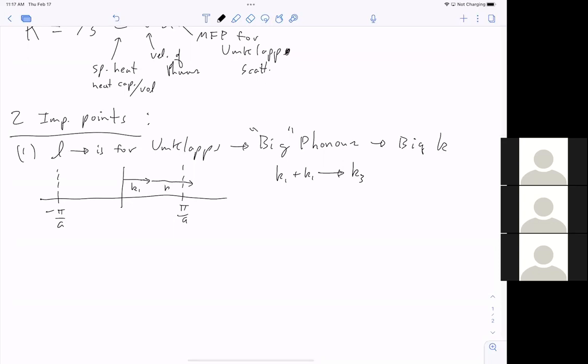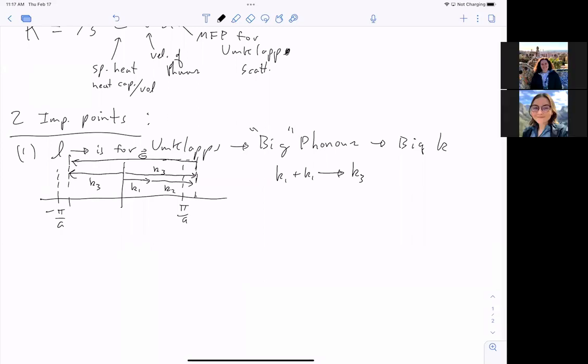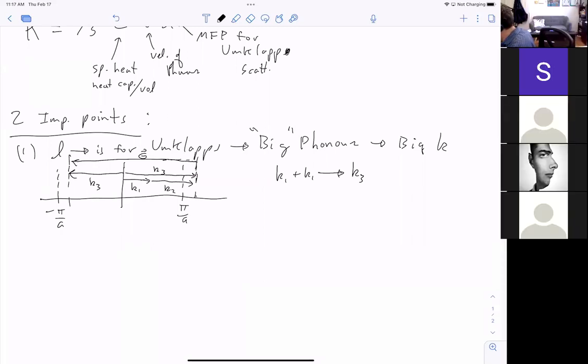So if that's K1, K2, and then K3, then it's really important that we cross that Brillouin zone boundary, because then I can draw a reciprocal lattice vector like that. That's G. And then K3 is actually pointing in the other direction. And so that reverses direction. And that's important because that's how we get the energy to reverse direction.